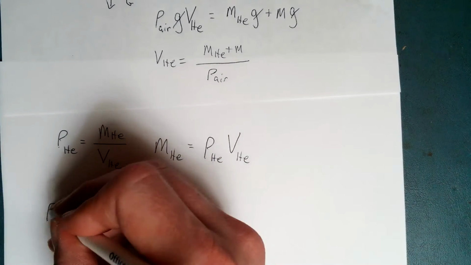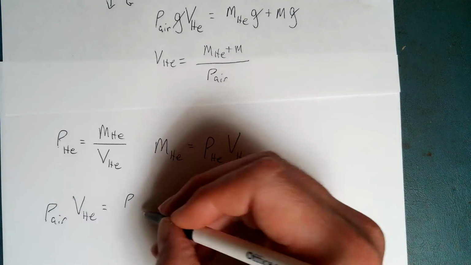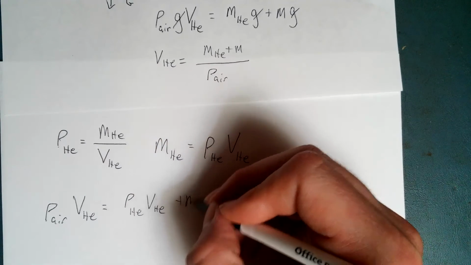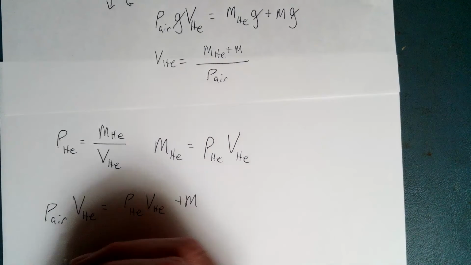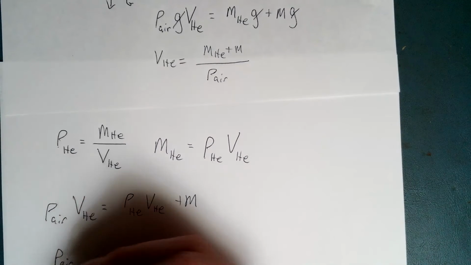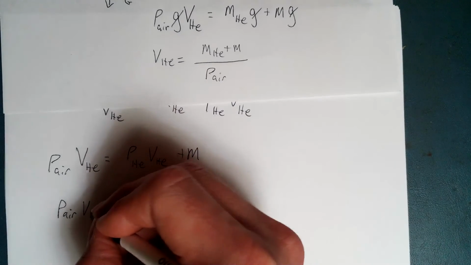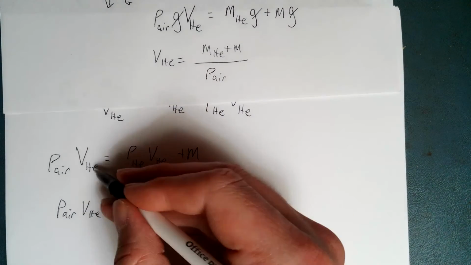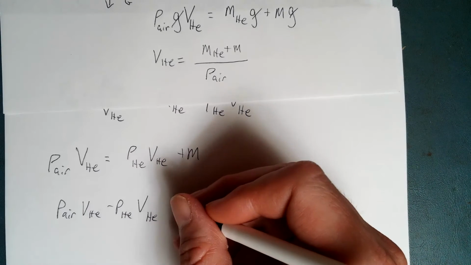I'm going to leave this over here for now. You'll see why in a second. Because I have to solve for volume of helium, so I have to get this on the other side. These kind of things happen a lot in physics equations where you have the variable you're solving for in two different places, and it just takes some algebra manipulation.